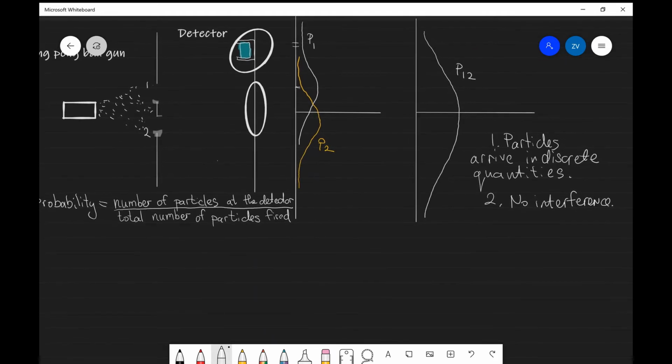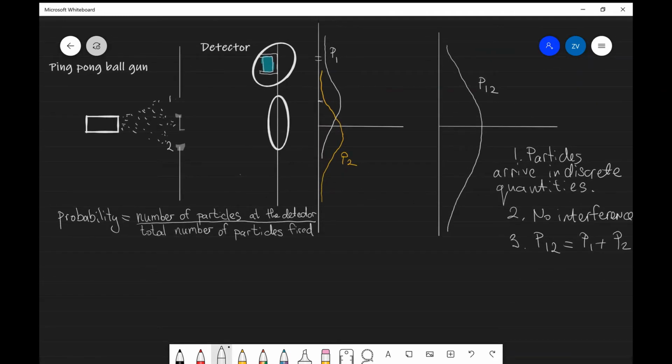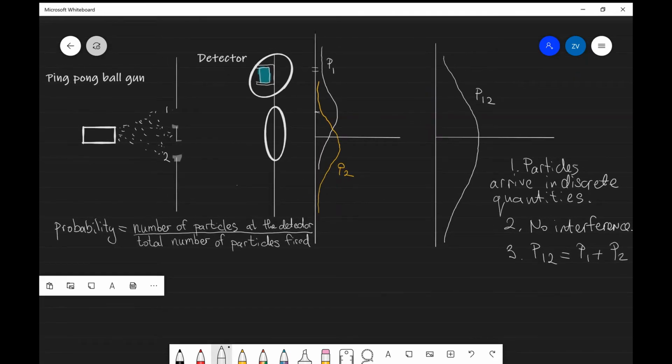So we can write this as follows. Our third very important conclusion is that P12 is going to equal P1 plus P2. Now this summarizes some of the more important qualities of the double slit experiment for particles.